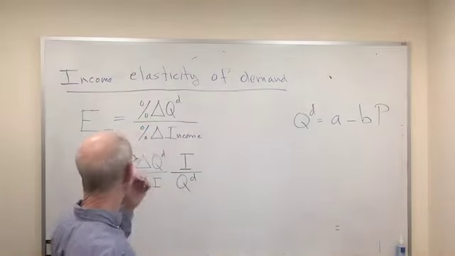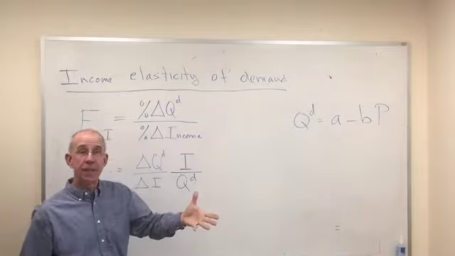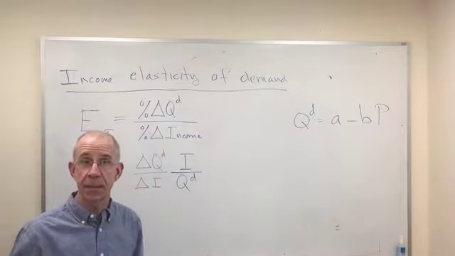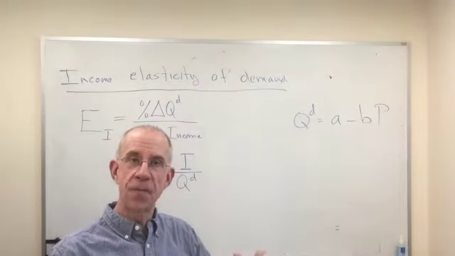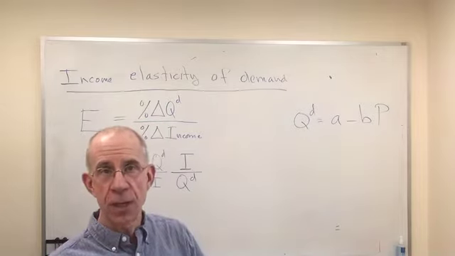Well, economists have a concept that is used for that, which is the income elasticity of demand. It is how the demand for a good will change given a change in income.